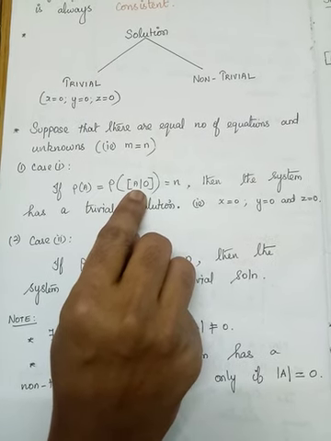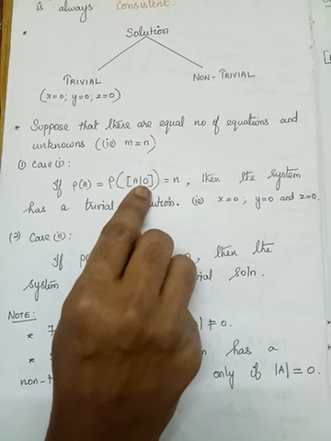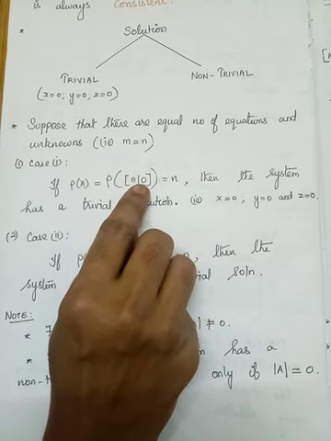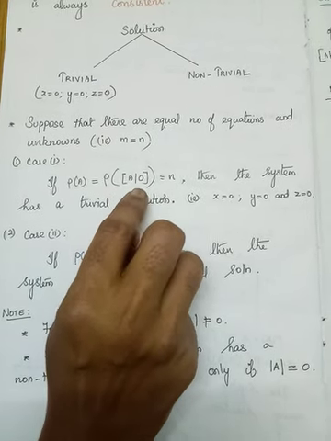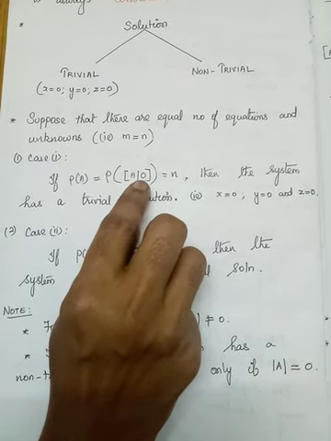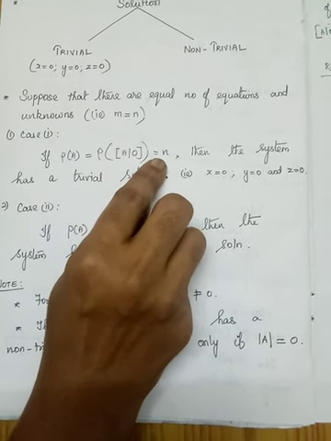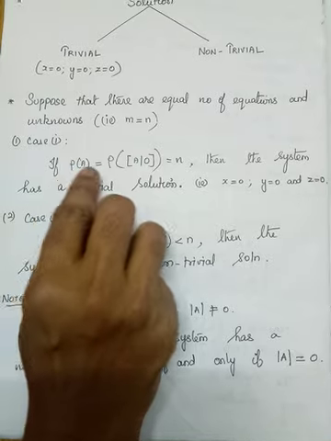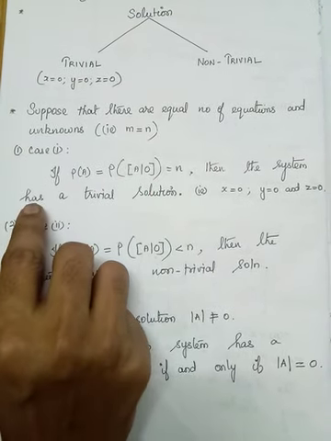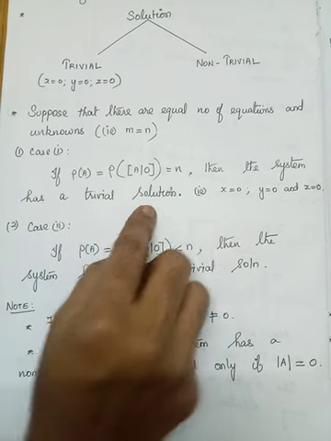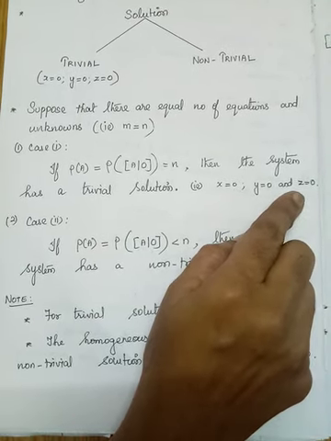Usually for a non-homogeneous system we write the augmented matrix [A|B]. Here instead of B we have written the 0 matrix because the right-hand side elements in the three equations are 0. So that's why I have written this is equal to n, where n is the number of unknowns. If all three are equal, the system has a trivial solution, that is x equal to 0, y equal to 0 and z equal to 0.